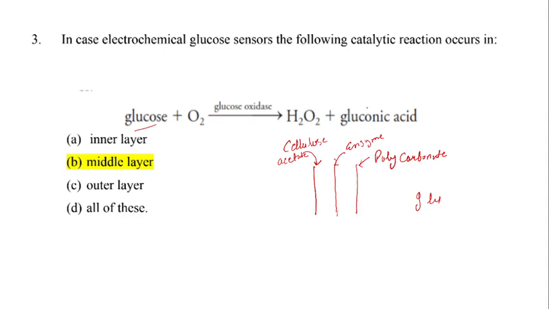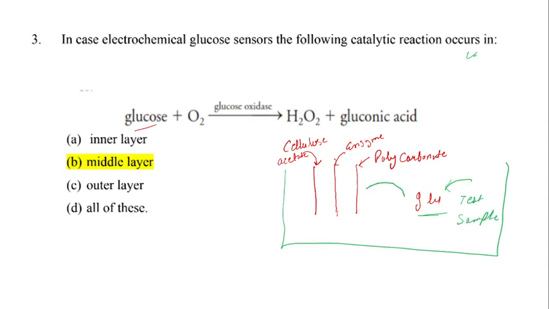This is your test sample. So glucose will come in contact with polycarbonate. This polycarbonate layer will permit only glucose. It is permeable to glucose only, so glucose will be able to pass inside.